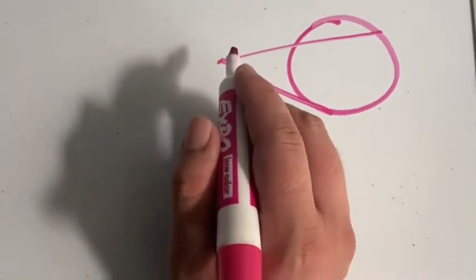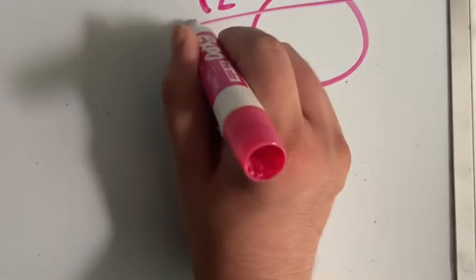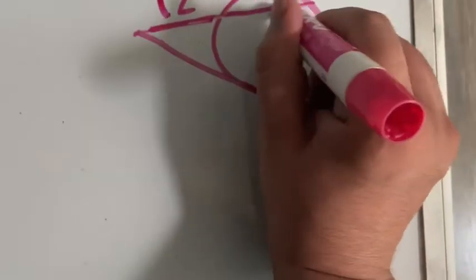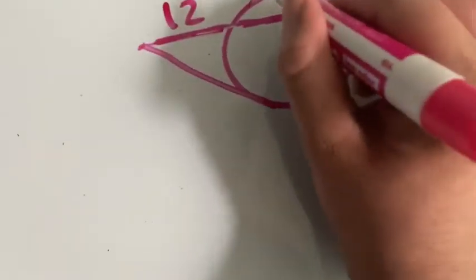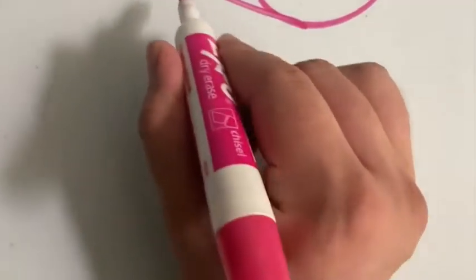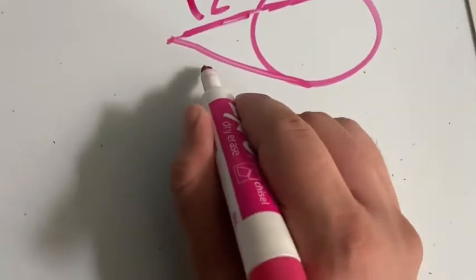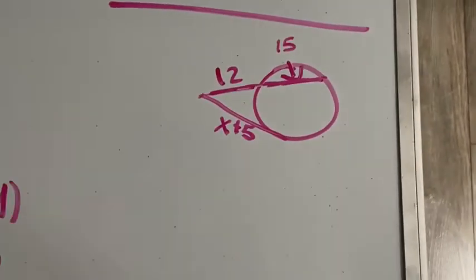And what I'll do is I'll make this side length 12, just this side length. And what the side length that covers inside the circle, I'll go ahead and make that 15. So I'll draw an arrow and do 15. And as far as the tangent line, I'll go ahead and make that x plus 5. Not too bad, right?